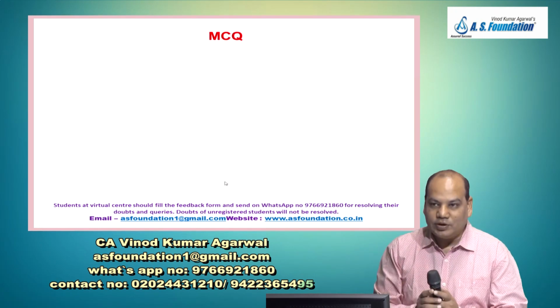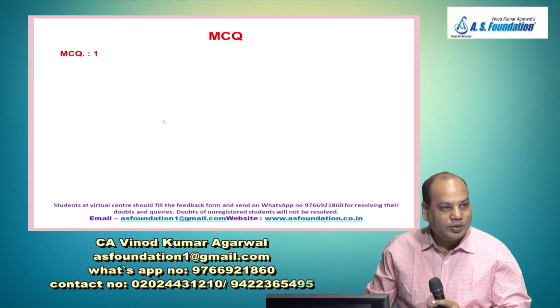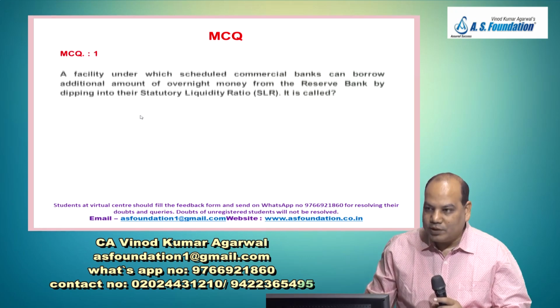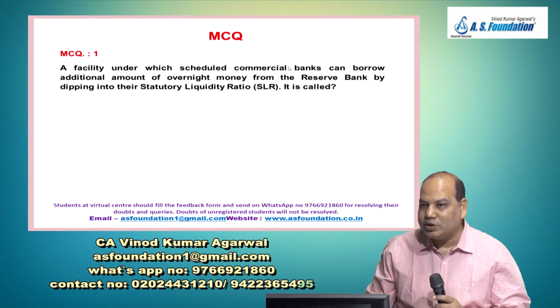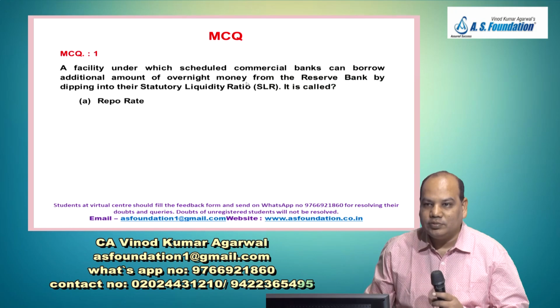Now, a question for you. The question is also printed. Good news. A facility under which a scheduled commercial bank can borrow additional amount of overnight money from the RBI by dipping into their SLR is called, just now you have read, can borrow additional amount of overnight money.